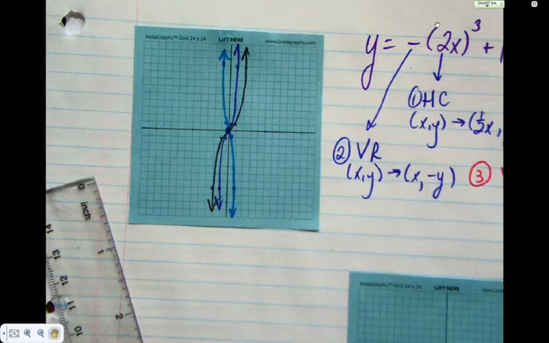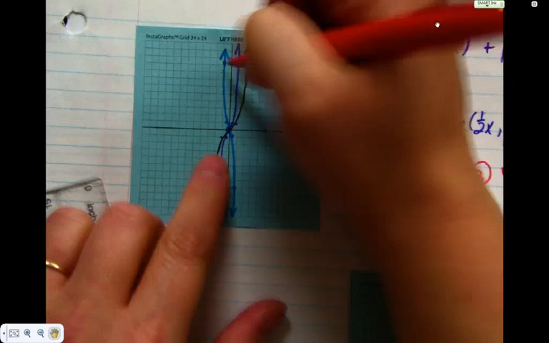Okay, last graph's in red, and what are we going to do with it? Just move it up 1.